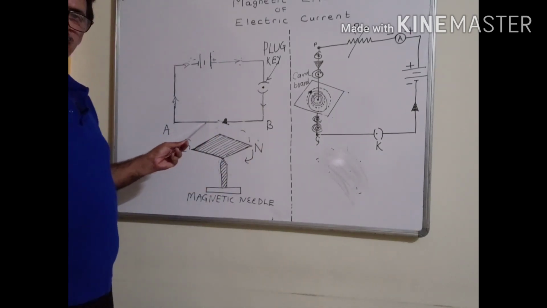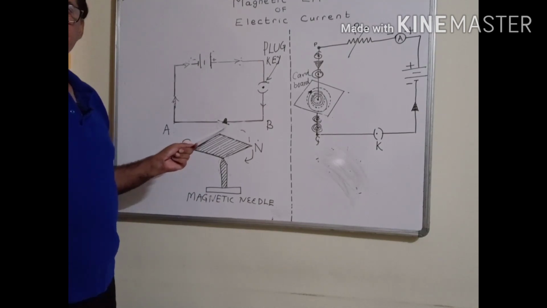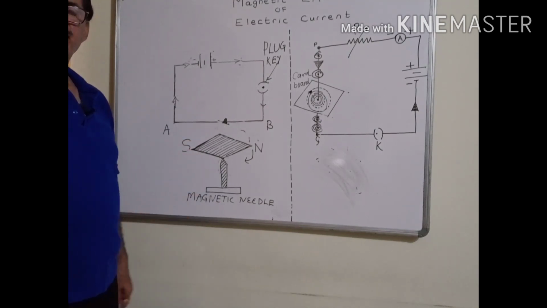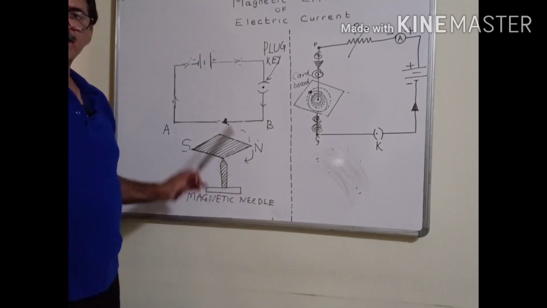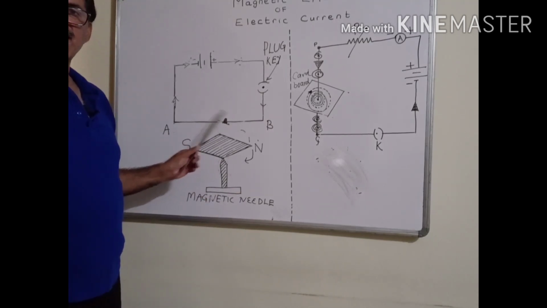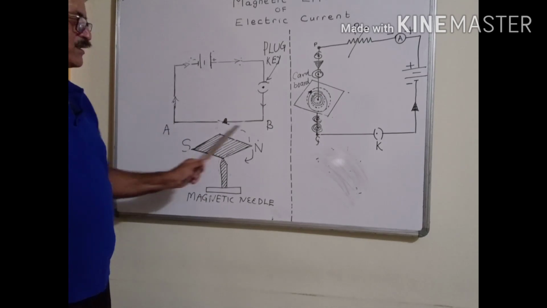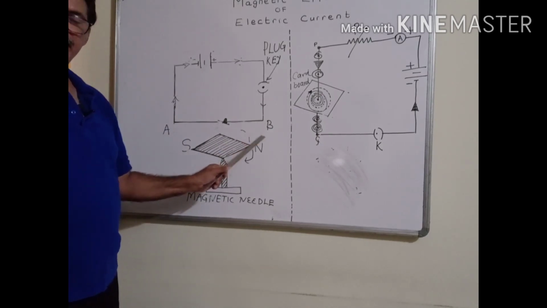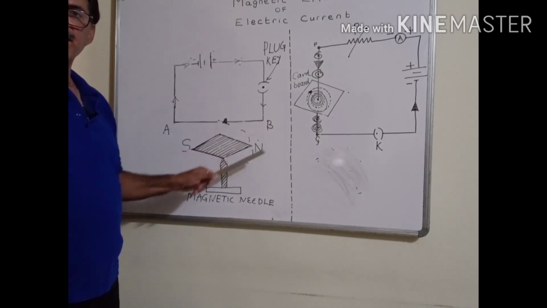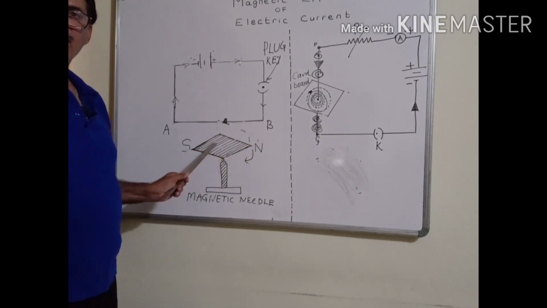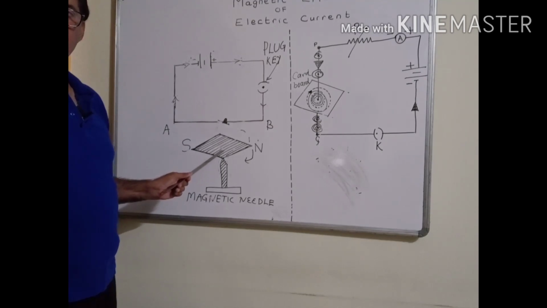For this, if you are shown this diagram, you will say that this diagram is an experimental arrangement which was done by Hans Christian Ørsted, right? And this experimental arrangement says that when a current is passed through the conductor AB, a magnetic field is produced in the region around this conductor AB, which is shown by the deflection of this magnetic compass needle, right?